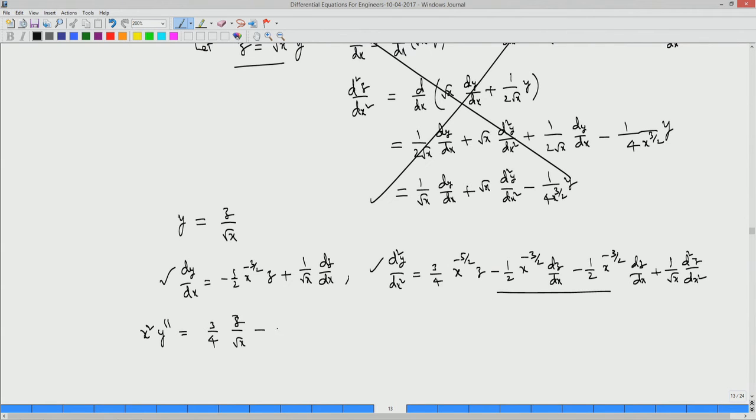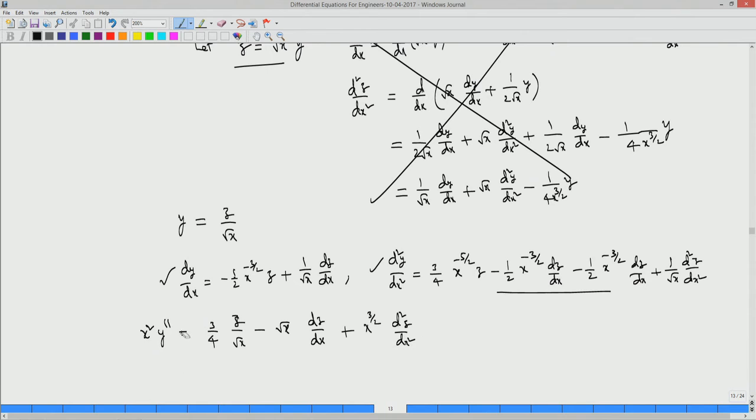So, that is root x times dz by dx plus x power 3 by 2 times d square z by dx square.